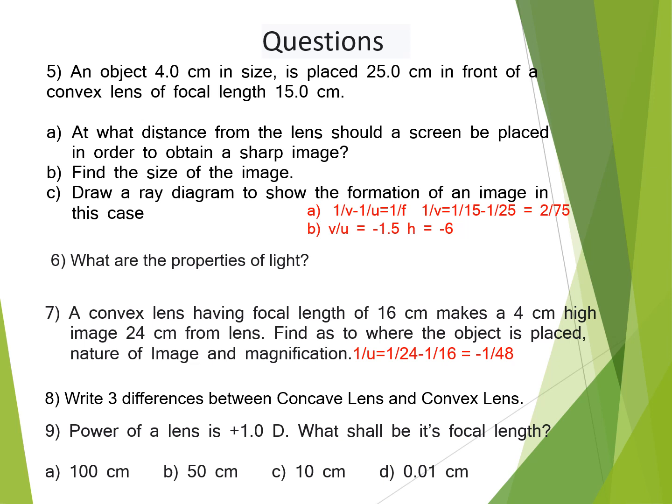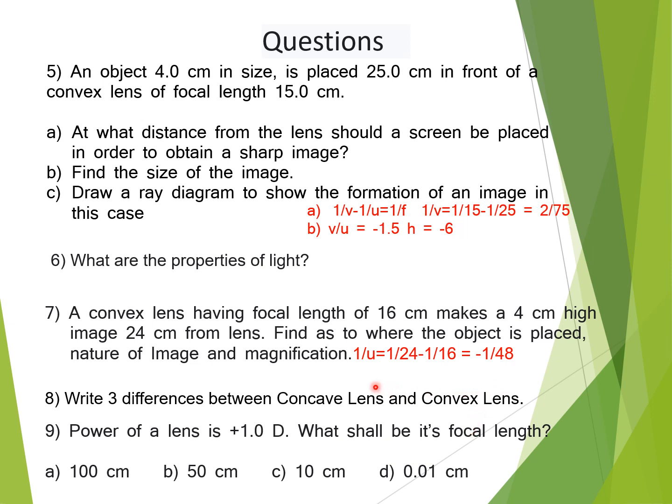Then write 3 differences between concave lens and convex lens. One difference is that a concave lens is broader, wider at the end and narrow at the center, whereas a convex lens is narrow at the end and broader, wide at the center. Then concave lens is a diverging lens and convex lens is a converging lens.